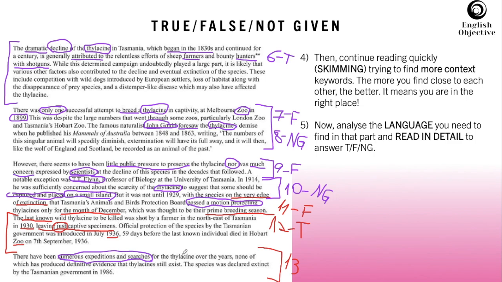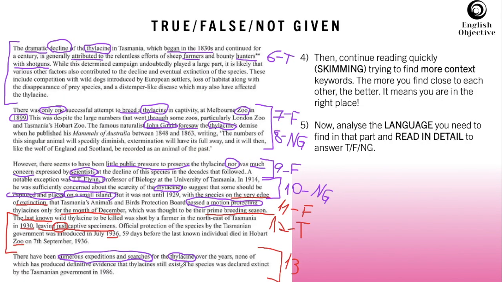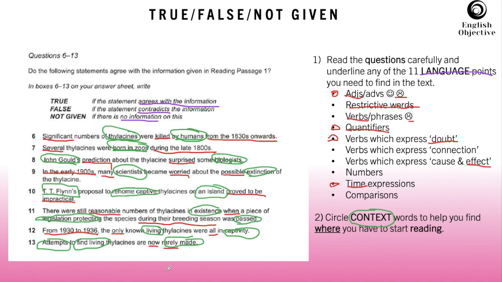For the thylacine over the years, so that's in the past, none of which has produced definite evidence that thylacines still exist. So find living, to find the animals alive, so to find that the animals still exist. That's another context keyword. Then, now, these attempts rarely made.